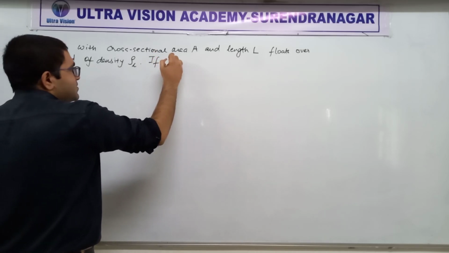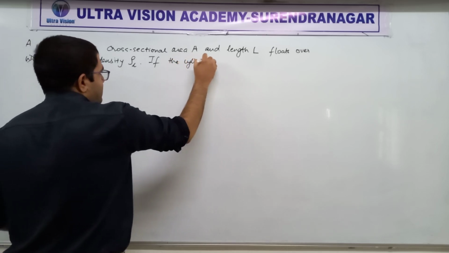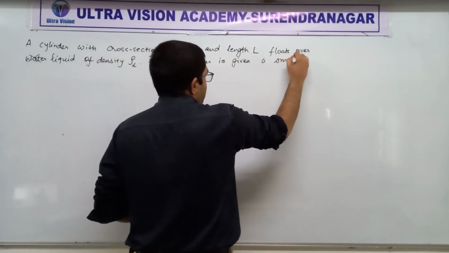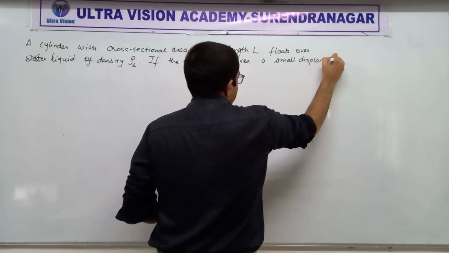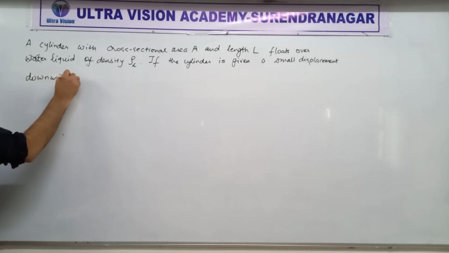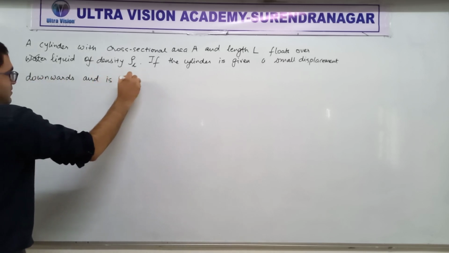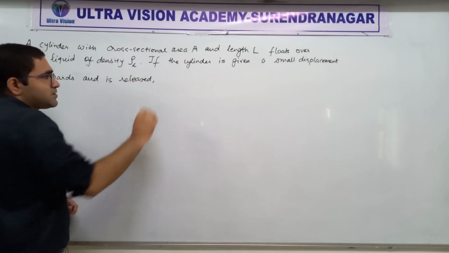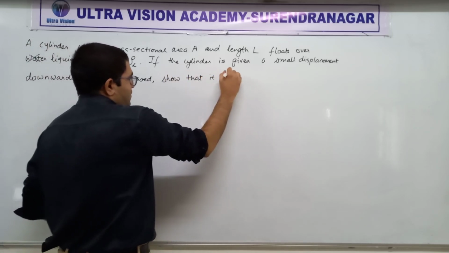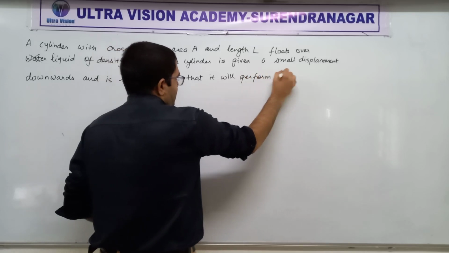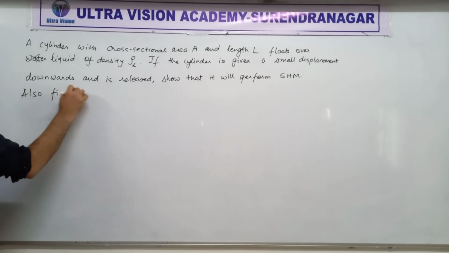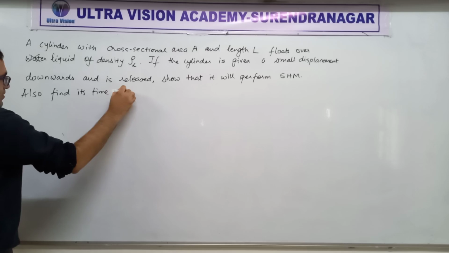If the cylinder is given a small displacement downward and is released, show that it will perform simple harmonic motion and also find its time period.